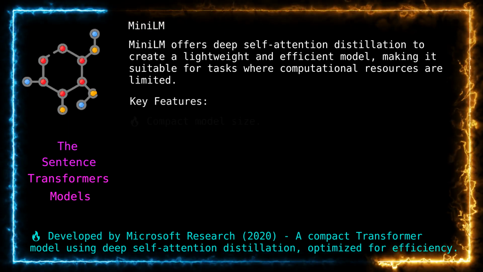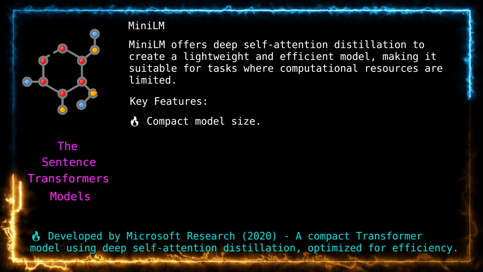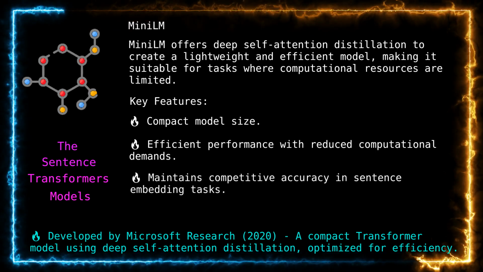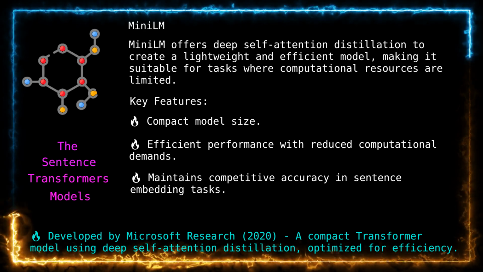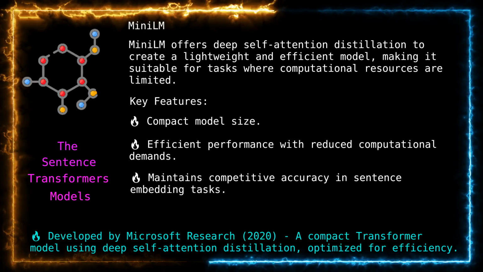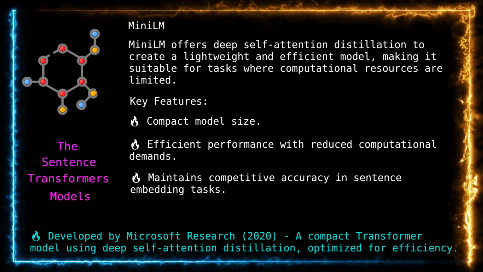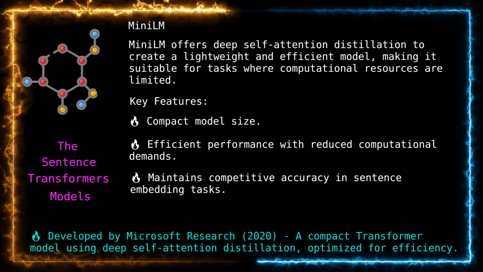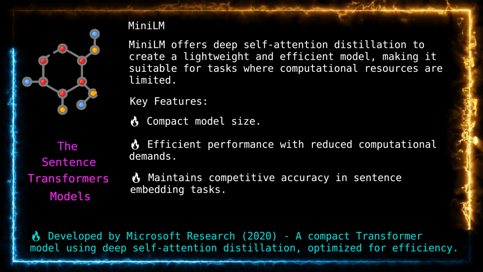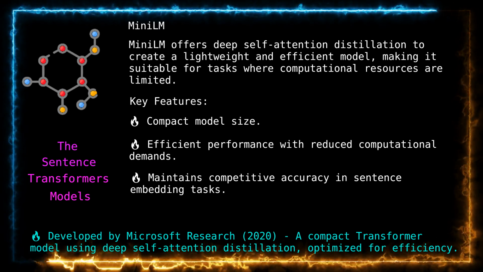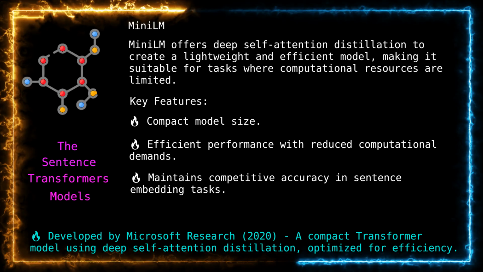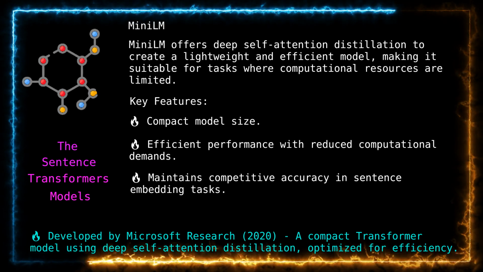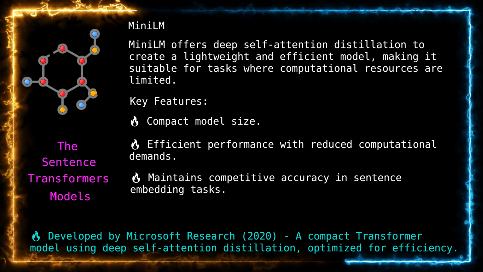Key features: compact model size, efficient performance with reduced computational demands, maintains competitive accuracy in sentence embedding tasks, suitable for small websites or mobile applications with limited computational resources, low latency, real-time content moderation, AI-powered note-taking apps, voice-to-text processors, and processing millions of short text queries in real-time recommendation systems while keeping computational costs low.